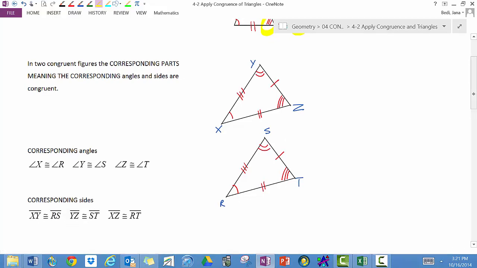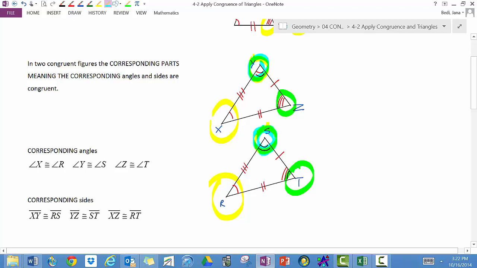In triangle XYZ and triangle RST, angle X is congruent to angle R. Angle Y is congruent to angle S, and angle Z is congruent to angle T. Okay, and corresponding sides, segment XY, which is the one with the three congruent marks, is congruent to segment RS, and so forth.